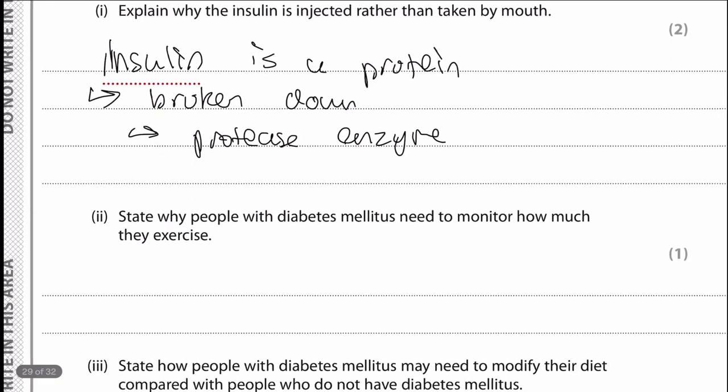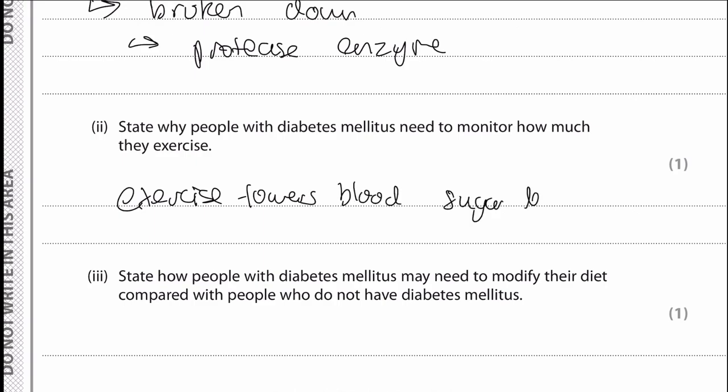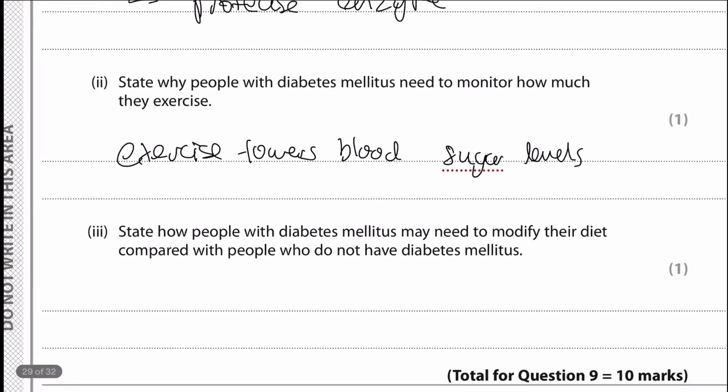They have to inject insulin. So their blood sugar could get very low because they are exercising and using up their blood sugar. So exercise lowers blood sugar levels, right? This could lead to a condition known as hypoglycemia, right? Low blood sugar, and that could be problematic.